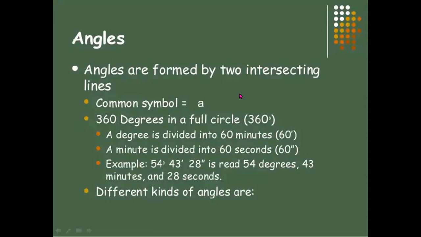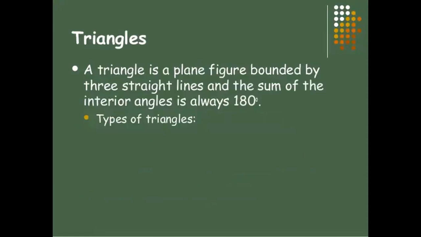This topic is just like recalling the previous topics that we had in the lower grades. So, angles. And then, as part of geometry, we have the triangle. Poon, will you please read what a triangle is?